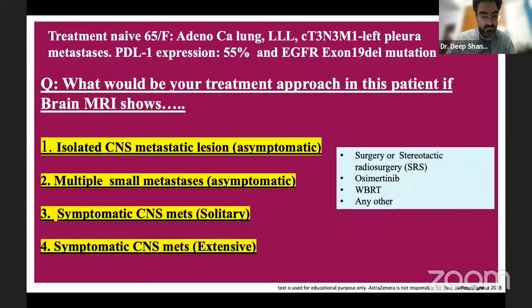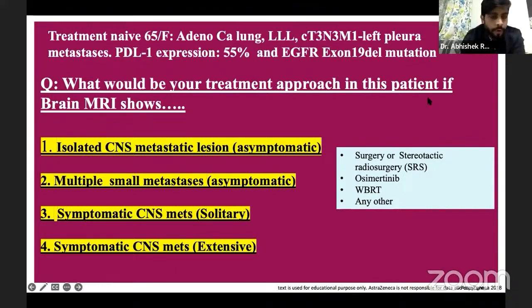Symptomatic brain metastasis, obviously solitary, again there is a role of stereotactic radiosurgery, in which we can give an ablative dose of radiotherapy. And in the last one, symptomatic extensive CNS metastasis, then whole brain RT with hippocampal avoidance. So we spare the hippocampus and give whole brain radiotherapy in case of symptomatic extensive CNS metastasis.